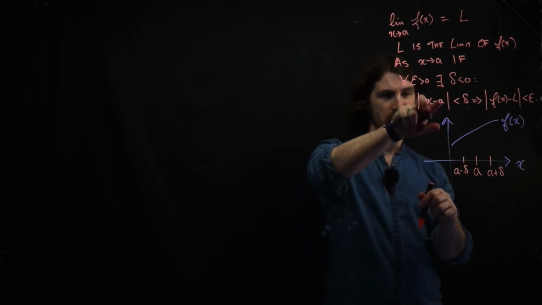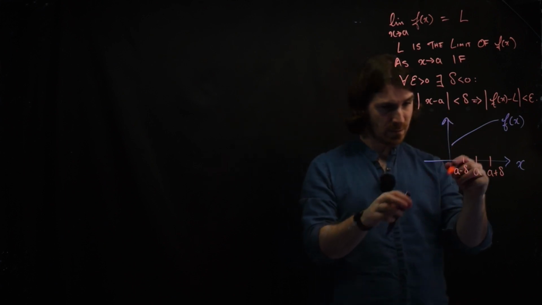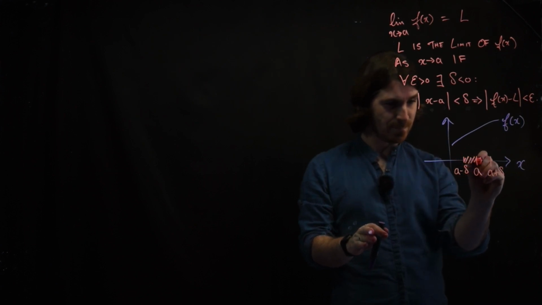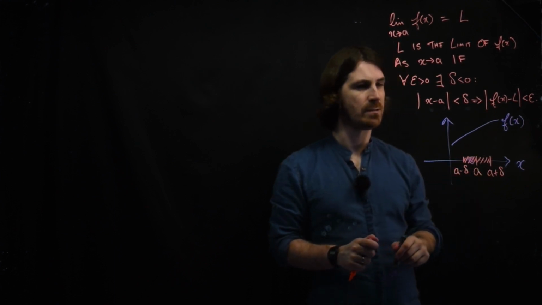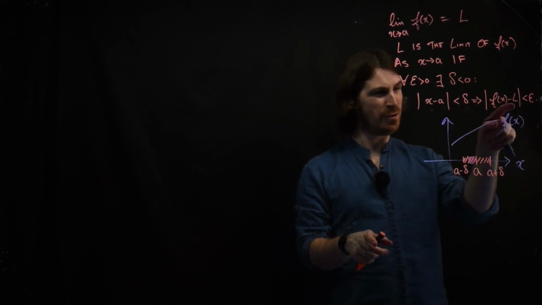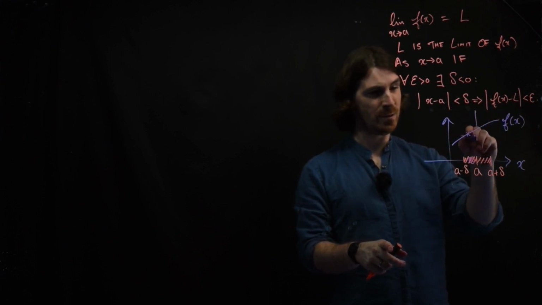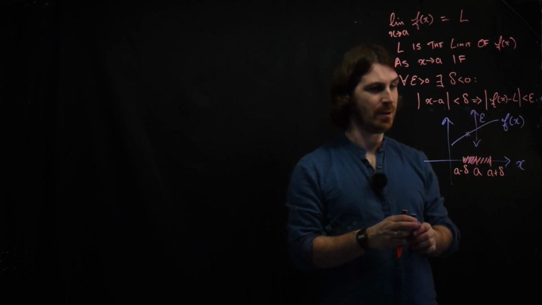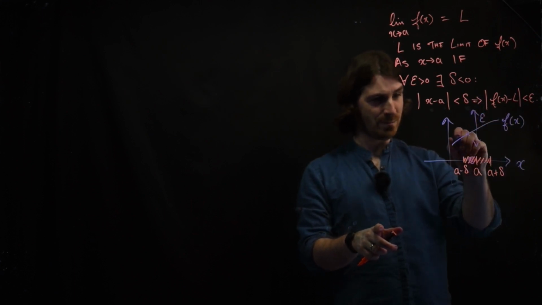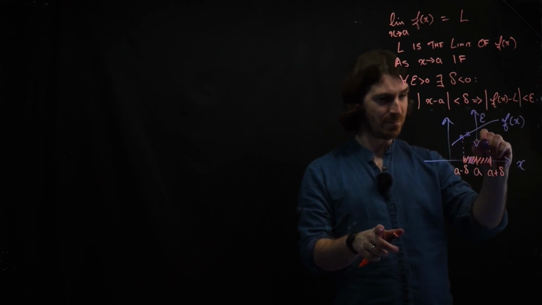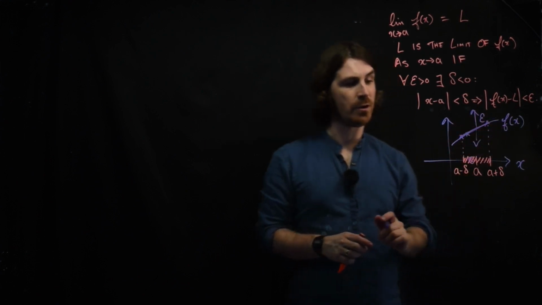You're taking the modulus here, so you can be either plus or minus delta from A. So as long as you choose an x in this region, let's say here, this x, it's less than delta. This implies that your function at that x, minus L, should be less than some epsilon. So if the function doesn't vary much in this region, if the function stays within epsilon of L, then you've got a limit, this L.